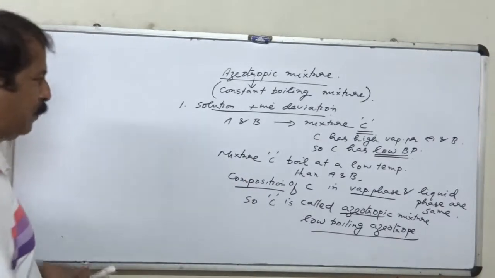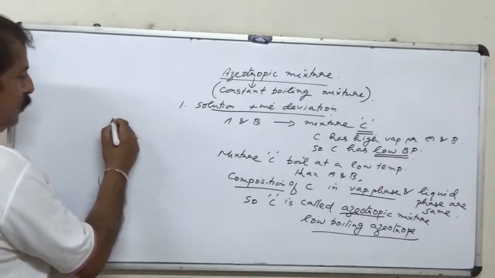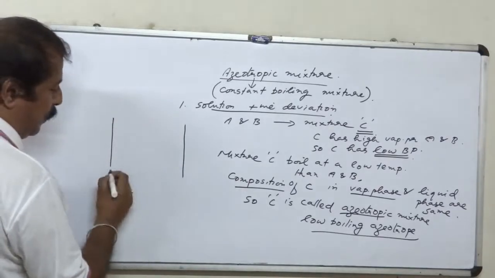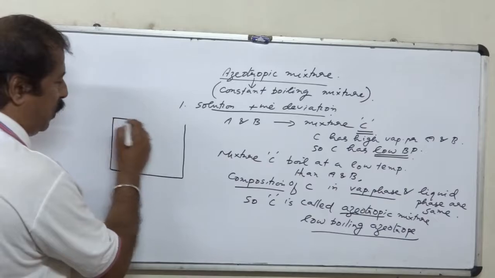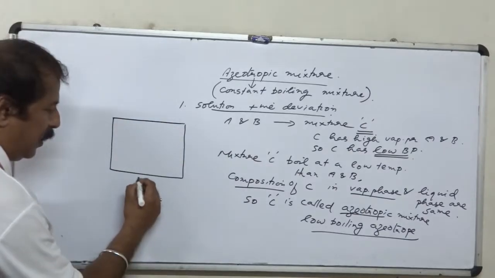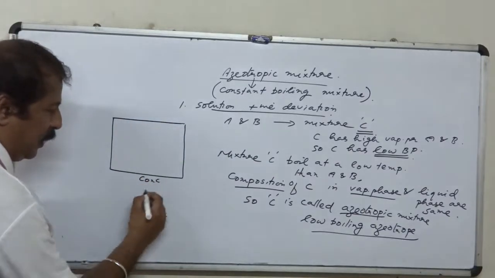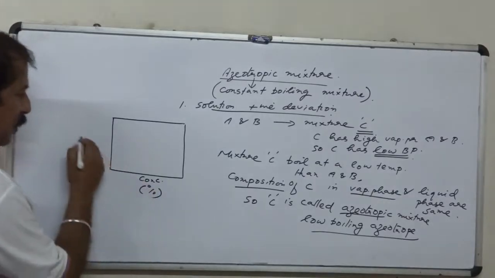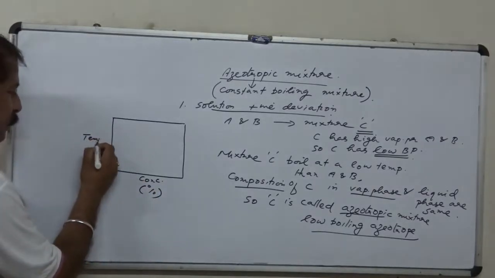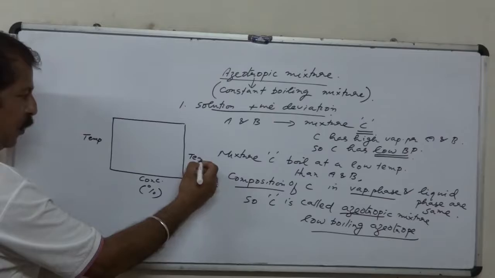So I will give you an example with a graph. This is a graphical representation for azeotropic mixture. Here I am putting concentration, here I am putting percentage, and here I am putting temperature, instead of vapor pressure.